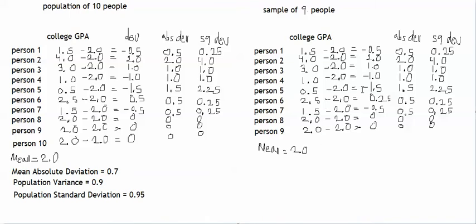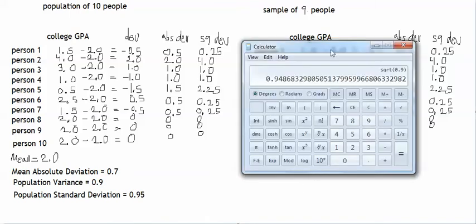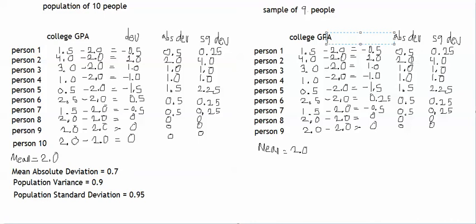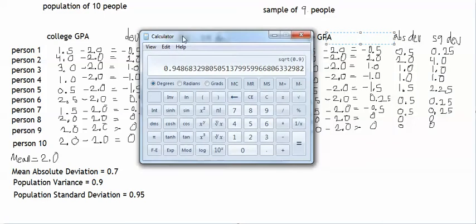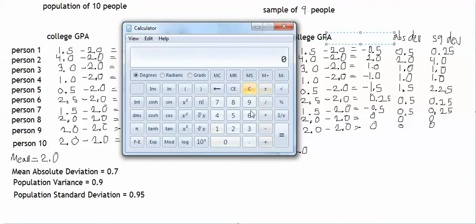Now, what about the sample? We can find the mean of the 9 absolute deviations in this column right here, and that would be the mean absolute deviation of the sample. It comes out to 7. 7 divided by 9, since we have 9 numbers, is 0.78.